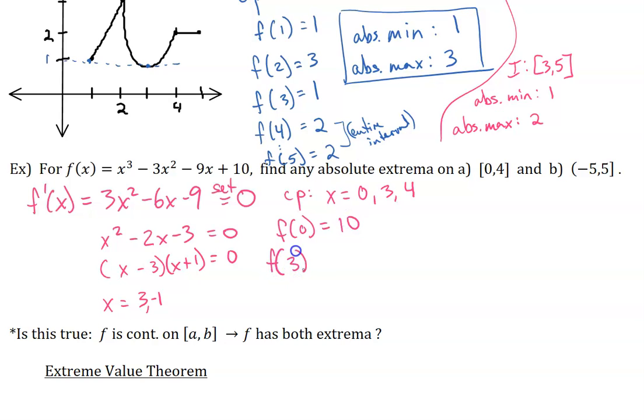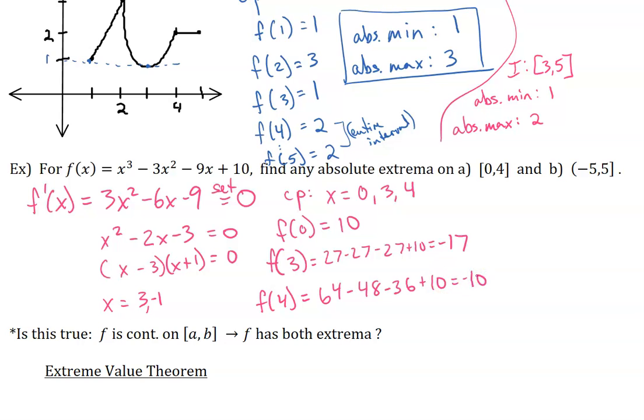F of 3 is equal to 27 minus 27 minus 27 plus 10, which is negative 17. And then f of 4 is 64 minus 48 minus 36 plus 10. So let's see, that's going to be 74 minus 80 minus 84, so that's negative 10.